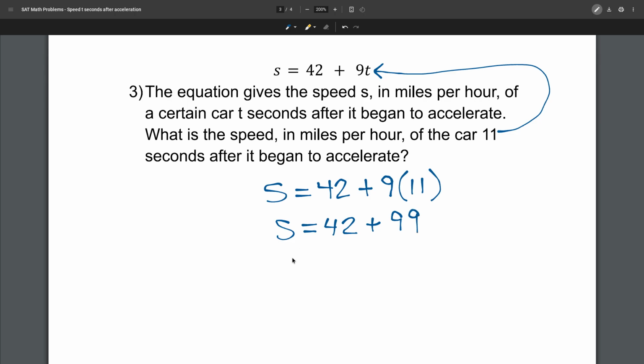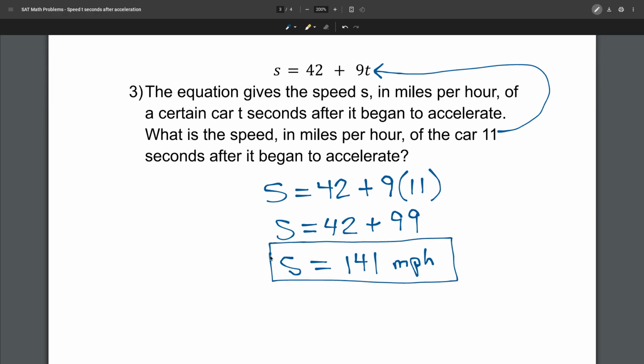Hopefully this is on a racetrack. So the speed is going to be 42 plus 99, which is 141 miles per hour. Awesome.